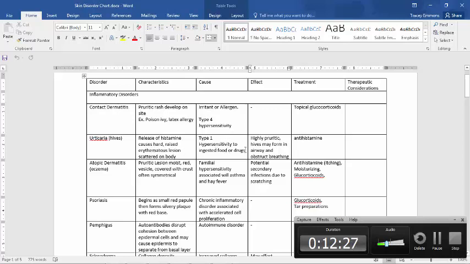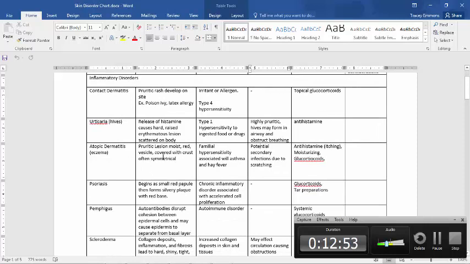Since it's type 1, it's highly pruritic, highly itchy, and it can affect the biggest danger, which is the respiratory pathway and the airway, and obstruct breathing. So if somebody has that allergic reaction, it's very important to provide an antihistamine like Benadryl as soon as possible, if they're not allergic to that either.